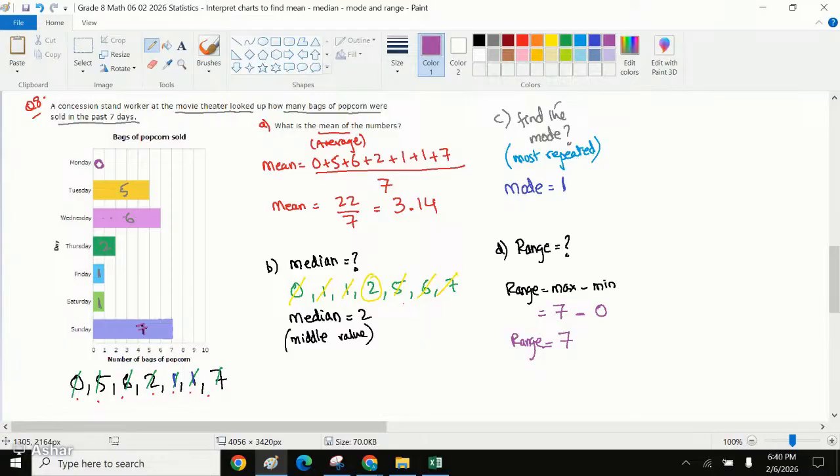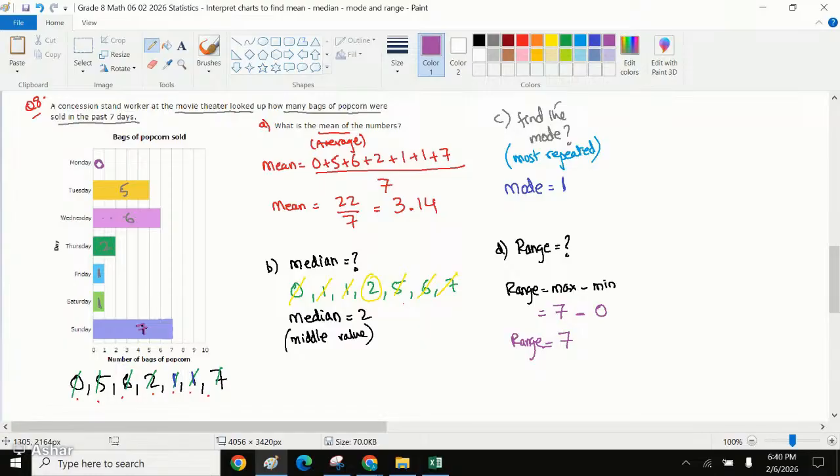Mode would mean on how many days we had similar sales. Can we say on Friday and Saturday we had the similar sales, right? Do we agree, Nathan? On Friday and Saturday we had the same number of sales. It is 1, it could have been a different number.